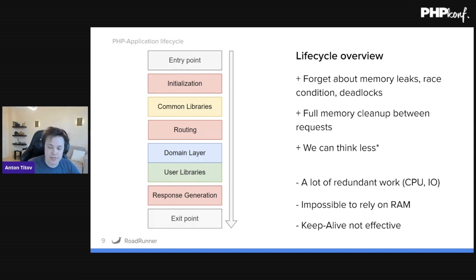We can to some extent for database connections, but for example, if you want to open a socket connection to another server, it is going to be closed after every request. So you will have this overhead on every application execution. And obviously, this model involves a bunch of redundant I/O and CPU work, since on every request, we have to load our code, execute it, and unload it from memory.